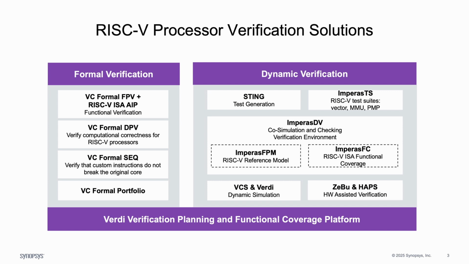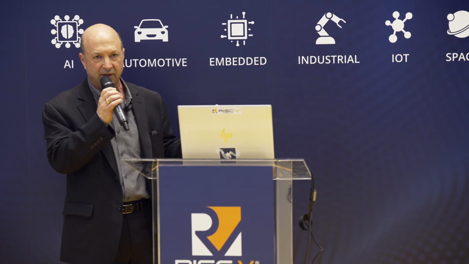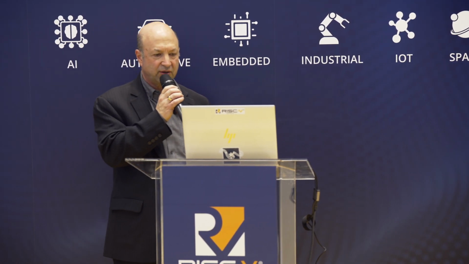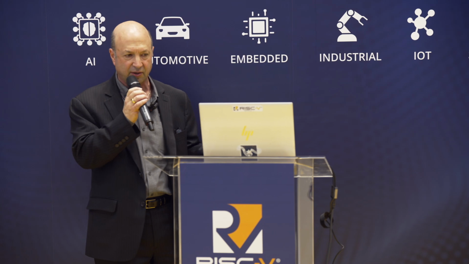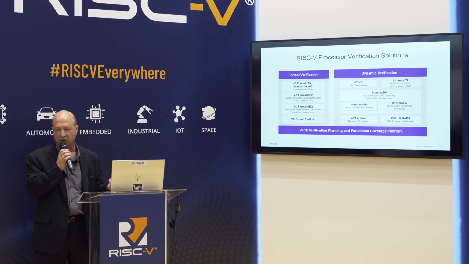On the dynamic verification side, we have test generation solutions, Sting, and also Empirus TS test suites. Empirus DV is a co-simulation and checking processor verification environment. Key components of this are the Empirus FPM fast processor model that supports the full RISC-V specification, also supports custom instructions, and then also Empirus FC, the functional coverage.